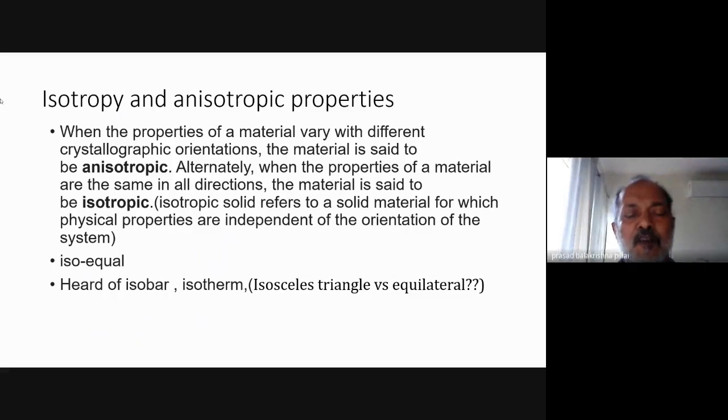The question arises whether the properties are the same in all the planes. If the properties we are talking of are the same, then we say it is isotropic. If it is different in different orientations, meaning different directions, then we say it is anisotropic. Most of the crystalline materials are anisotropic.